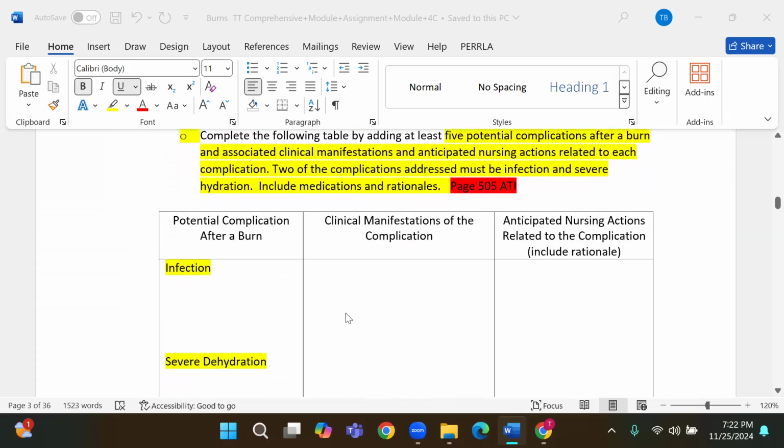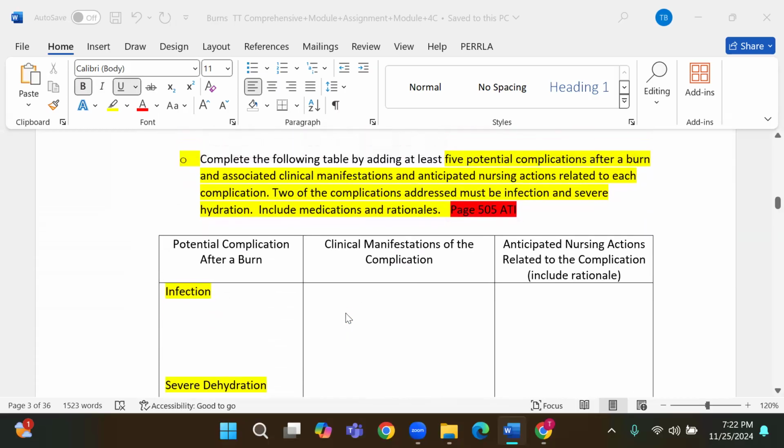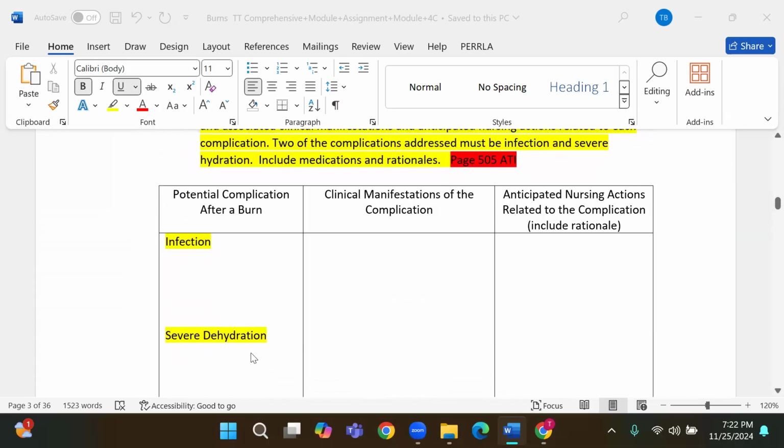But if you look here, what they really wanted to focus on last time was 5 potential complications after a burn. Remember how I asked you, what are some things you would be worried about if you were treating a burn patient? One would be severe dehydration, right? Another would be infection, and they already had those listed.